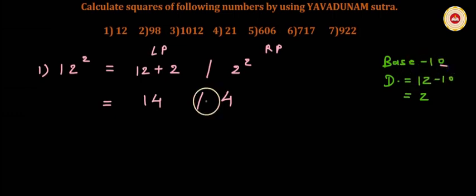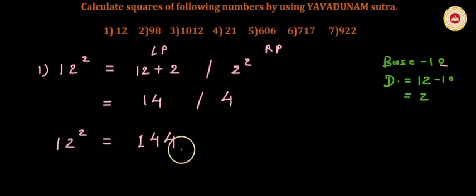It means that we need to write only one digit in the right part, which we already have. So no need to make any changes, right? So let us remove the slash and write the final answer 144. So 12 squared is 144. Correct? Next example.